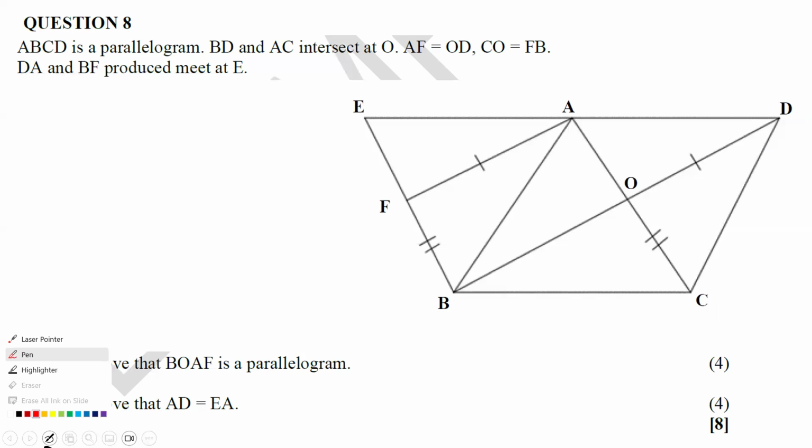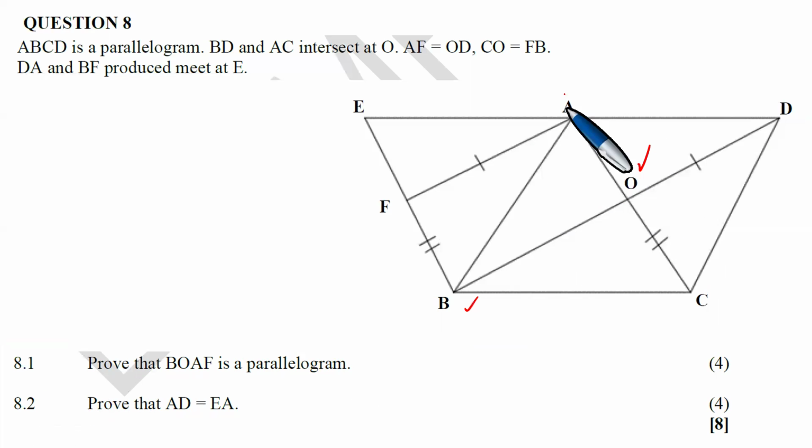So prove that BOAF is a parallelogram. Let's prove this one quickly. Obviously, to prove this one here, we take note of the fact that in 8.1, AO is OC.